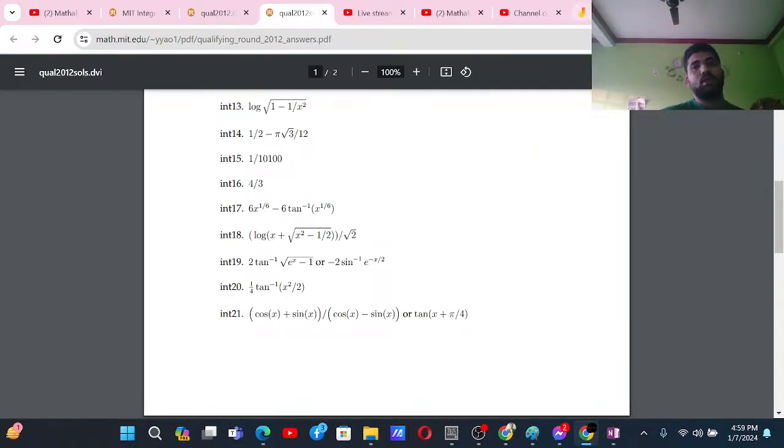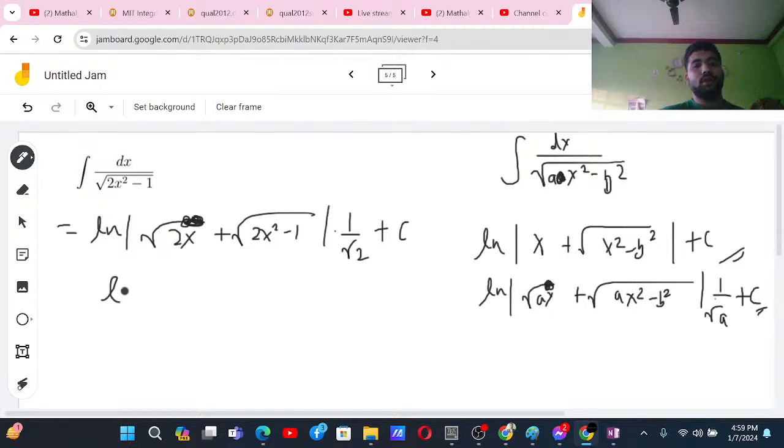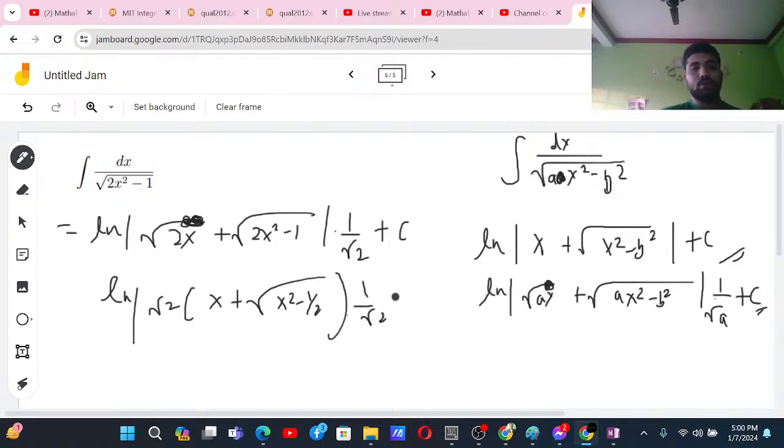Okay, and here's the alternative form. You can just factor root 2 out. That gives us x plus root under x square minus 1 by 2, times 1 by root 2 plus c.